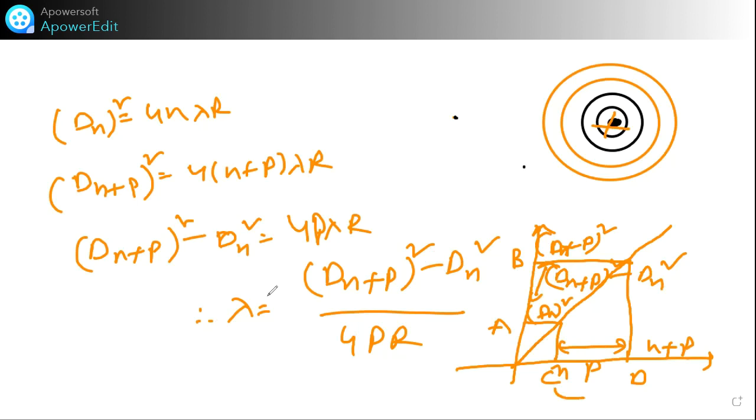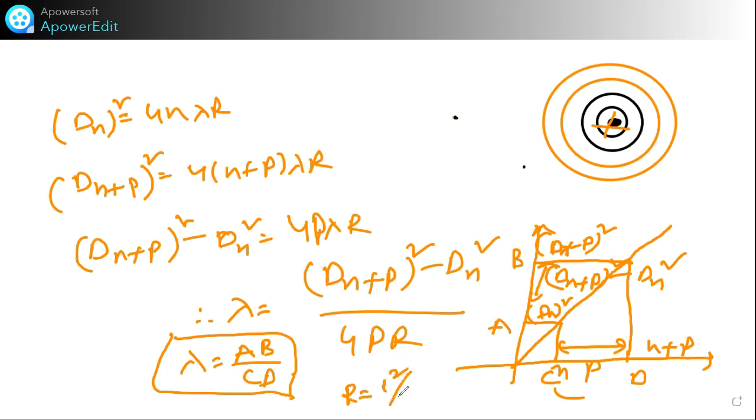Therefore lambda is equal to AB by CD. So by using these values you can determine the lambda value, because here R is the radius of the plano-convex lens. This radius of the plano-convex lens can be calculated by using a spherometer, by the formula R is equal to l square by 6h plus h by 2.